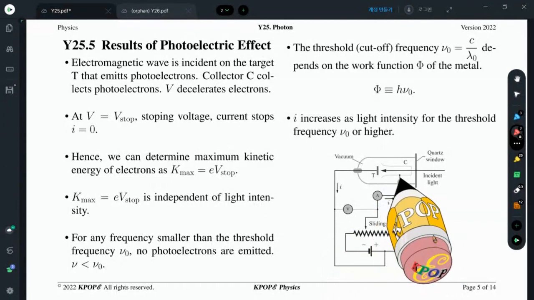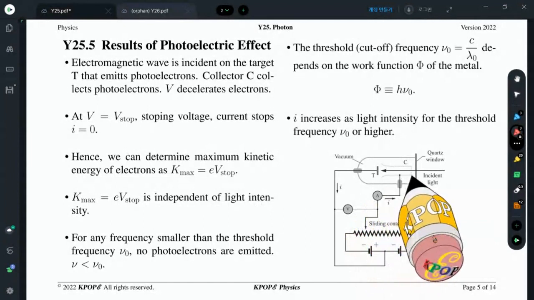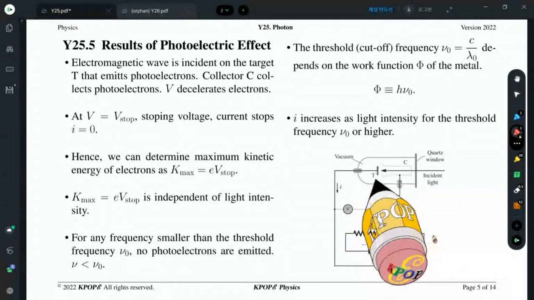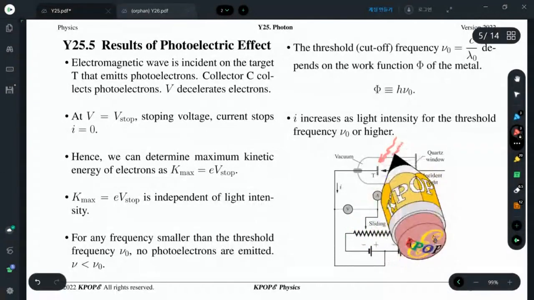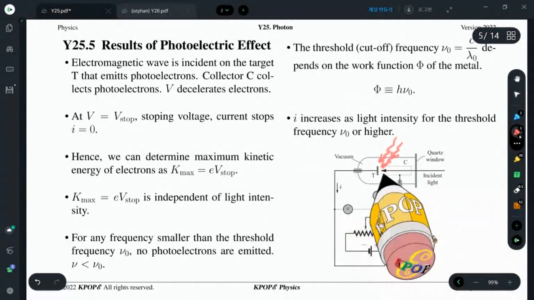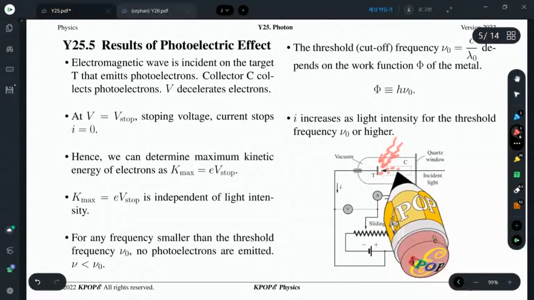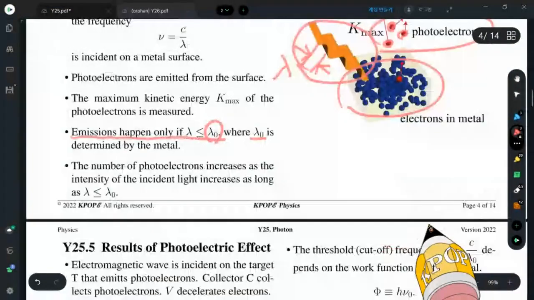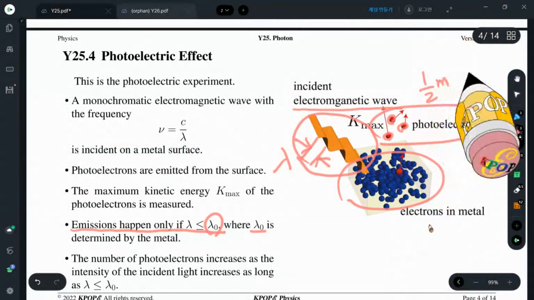We can change the potential between this and the remaining part. You can see there is a target, and after the electromagnetic field hits this target, photoelectrons are emitted, and in case its energy is large enough, the electron has some kinetic energy.